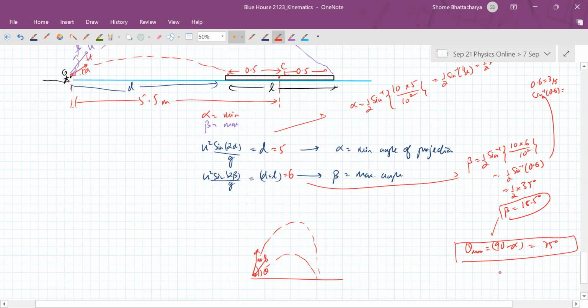It also says that there's an interval of 53 degrees where you will miss the shot. So I'll explain to you what that means.